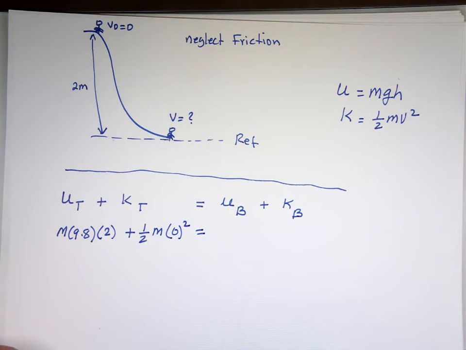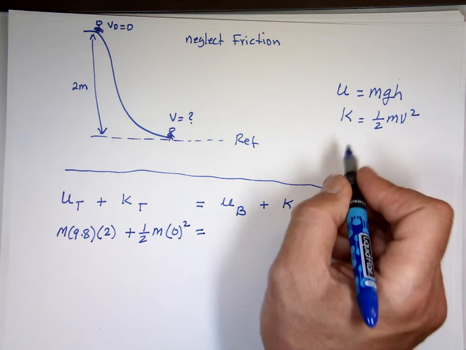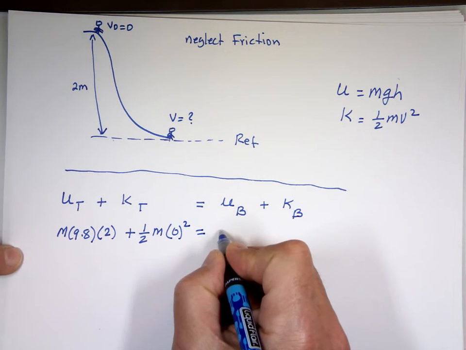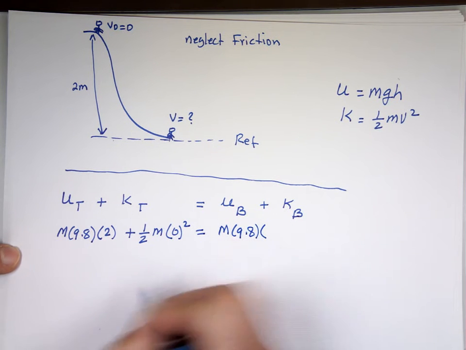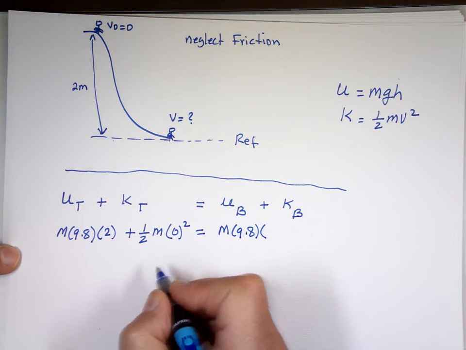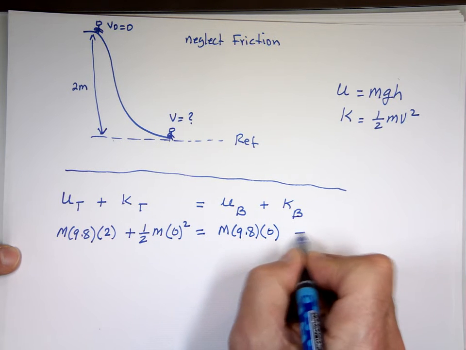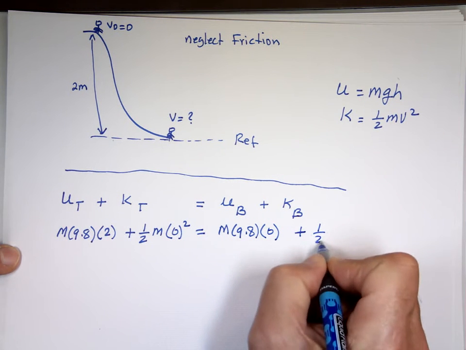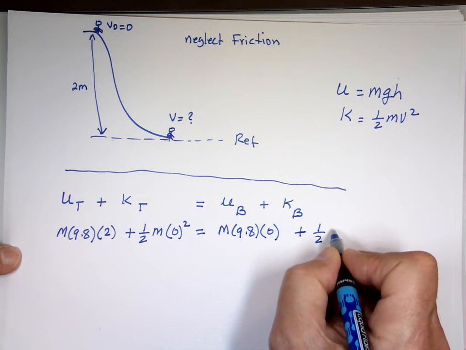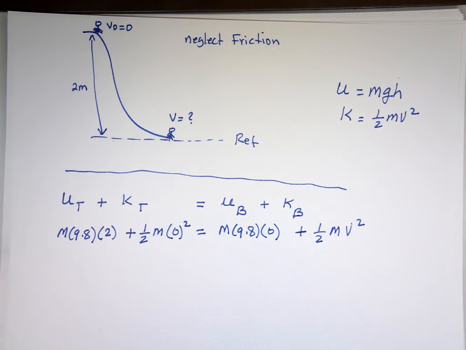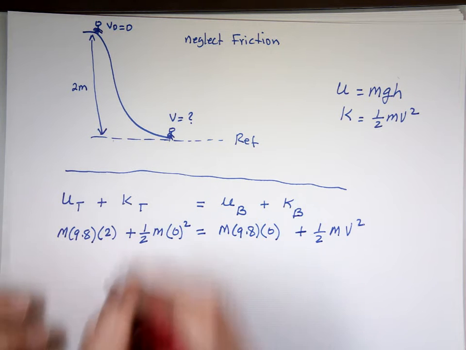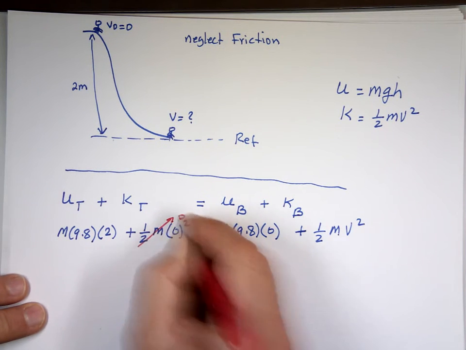At the bottom, potential energy, that's mass, gravity 9.8, and what's the height? 0, good. What was the kinetic energy? 1/2 the mass times the velocity squared. And again, the ones with 0 in them, they will go to 0 because you're multiplying by 0. This is 0, that's 0.